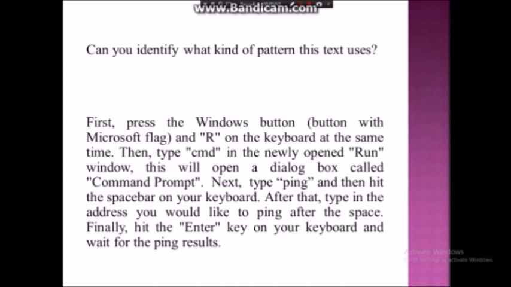Next is a little bit of exercise. Can you identify what kind of pattern of organization this text uses? In order to identify the organizational patterns, you need to pay attention to the transition signals used in the text. I give you 30 seconds.